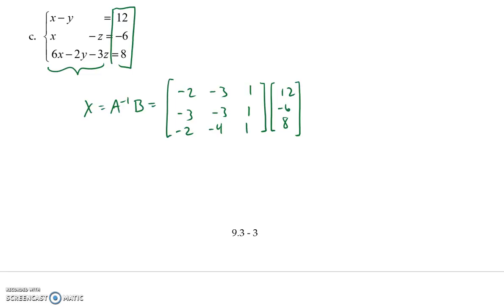And then we can multiply, just as we did in the previous example, to obtain a new solution for the system of equations.